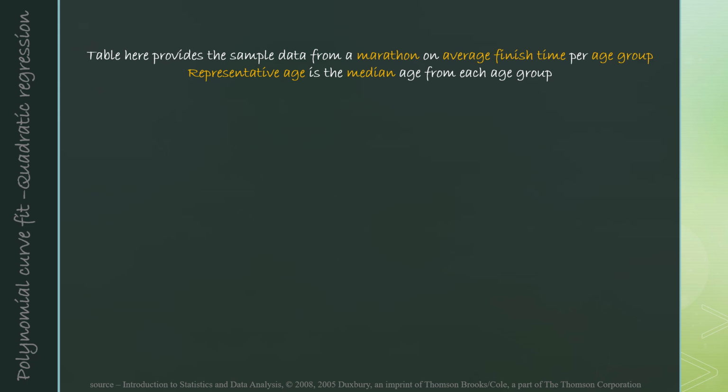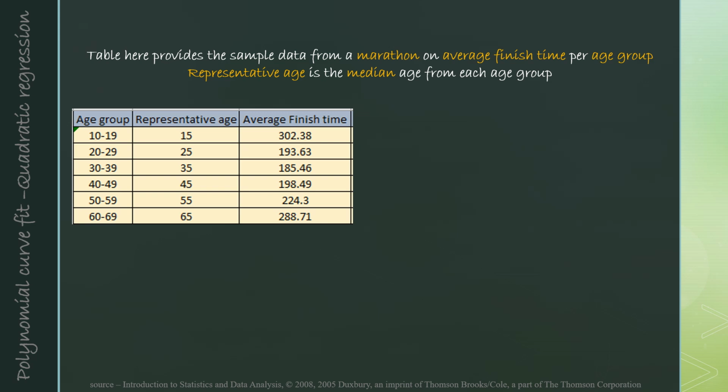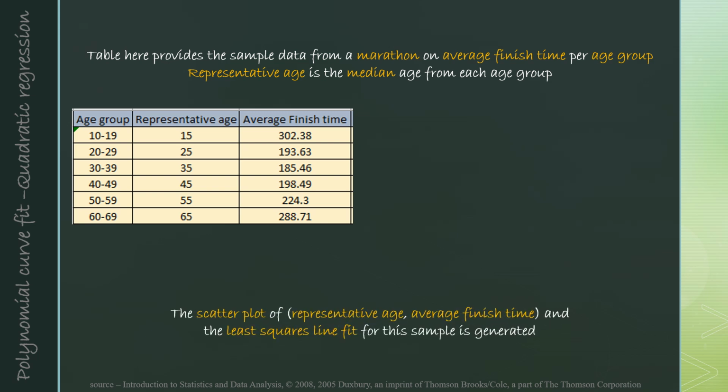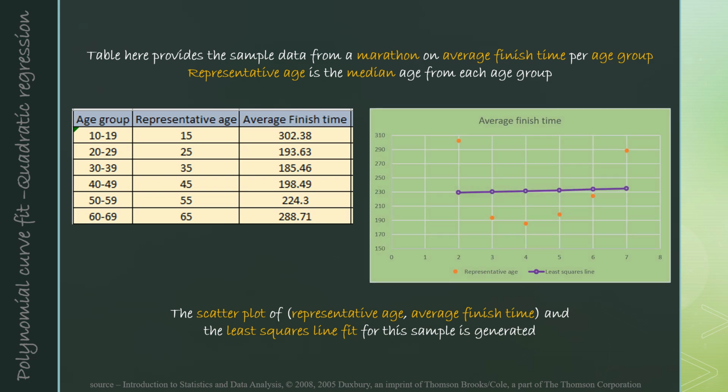Let's understand the quadratic regression fit using an example. Table here provides the sample data from a marathon on average finish time per age group. Representative age is the median age from each age group. The scatter plot of representative age versus average finish time and the least squares line fit for this sample is generated.